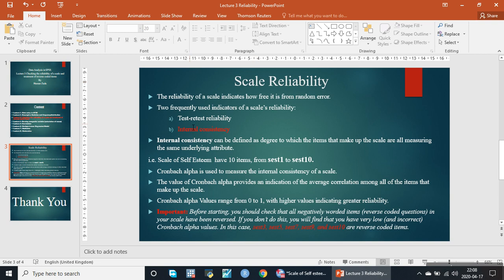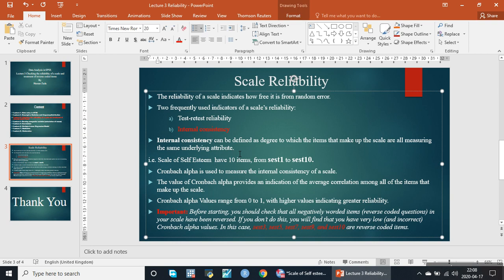So what is actually internal consistency? Internal consistency can be defined as the degree to which the items that make up the scale are measuring the same underlying attribute. For example, in this tutorial we will discuss self-esteem as an example, the scale of self-esteem.